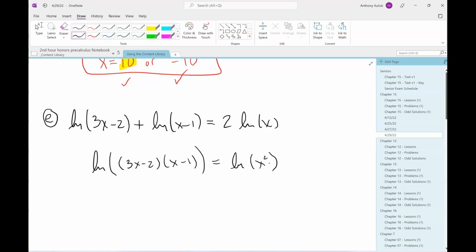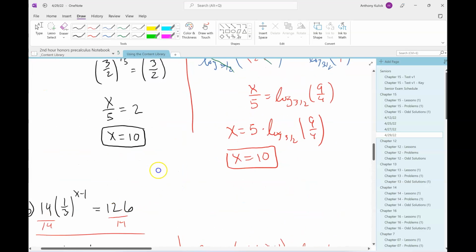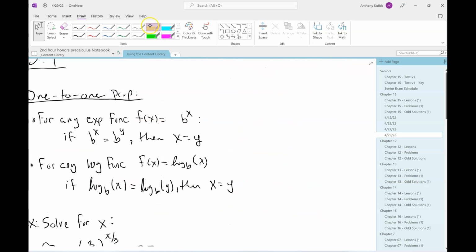Now, notice that I have the natural log of stuff equal to the natural log of some other stuff. What can I do? I can just drop the natural logs, right? By using this same one-to-one property up from here.